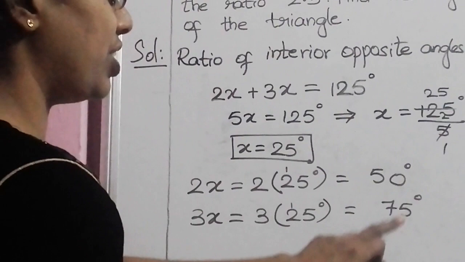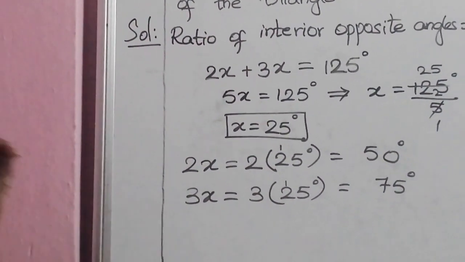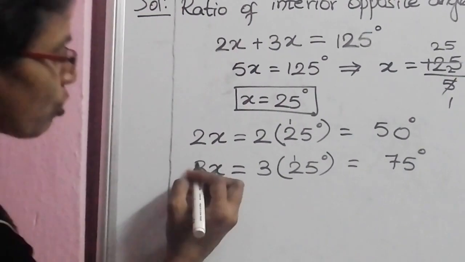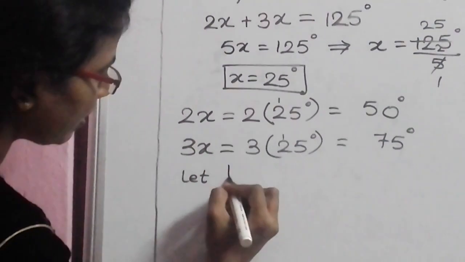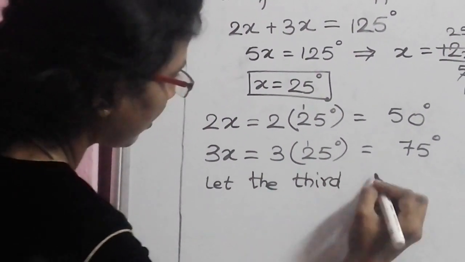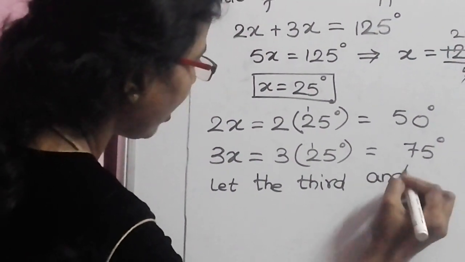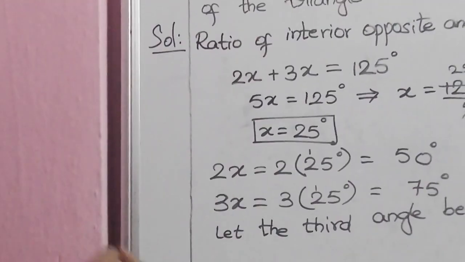First angle is 50 degrees. Second angle is 75 degrees. You need to find out the third angle. So let us consider, let the third angle be y. You can take any variable. I am taking it as y.